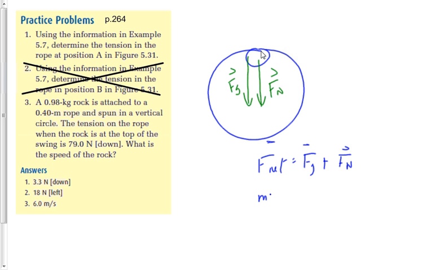But acceleration in this case is centripetal acceleration, so it's going to be v squared over r. So instead of m times a, it becomes m times v squared over r. So you're right, Bart, when you say m times a, but this is the a this time. The force of gravity plus the normal force. What are we looking for here? The speed of the rock. We're looking for v.